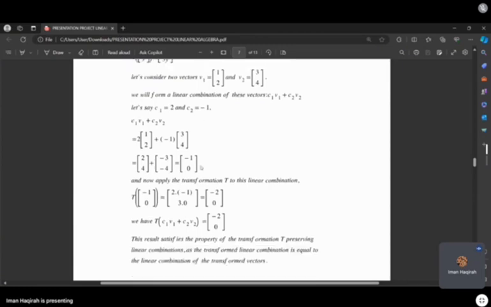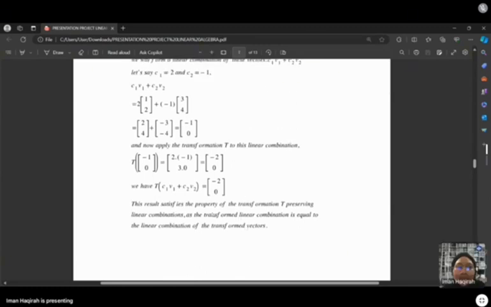We substitute and we get (-1, 0). Now we apply the transformation T to this linear combination and we get (-2, 0). This result satisfies the property of the transformation T preserving linear combination, as the transformed linear combination is equal to the linear combination of the transformed vectors.